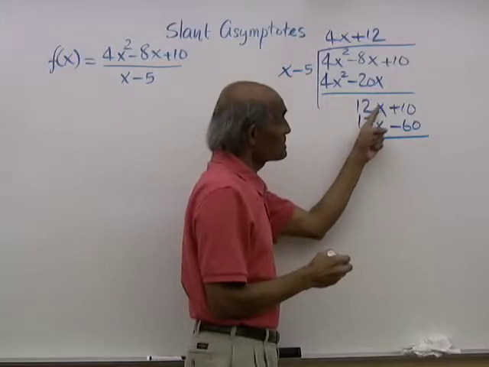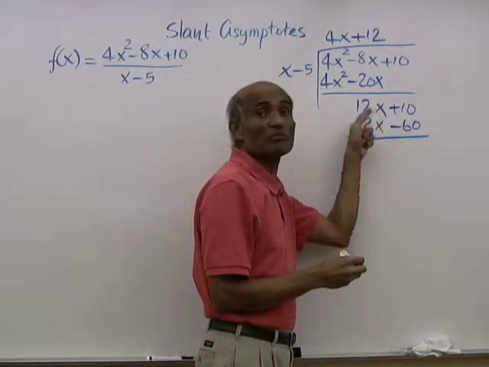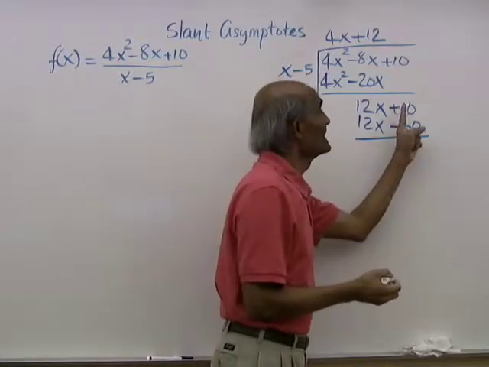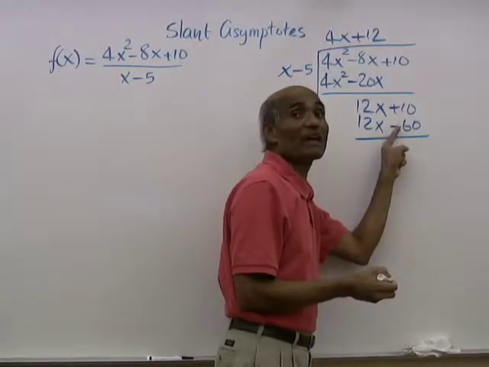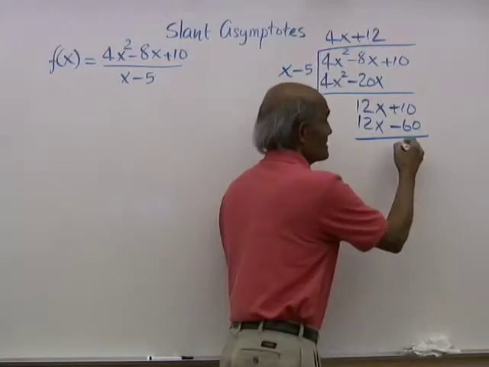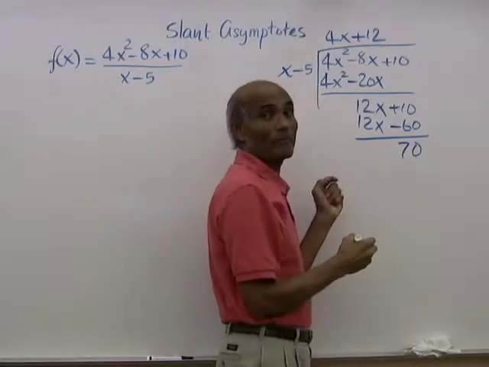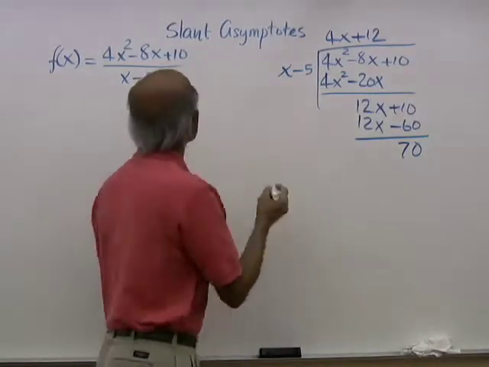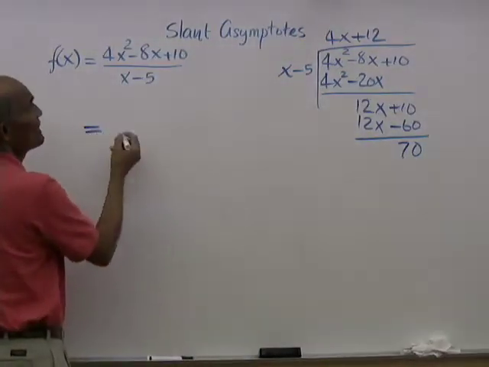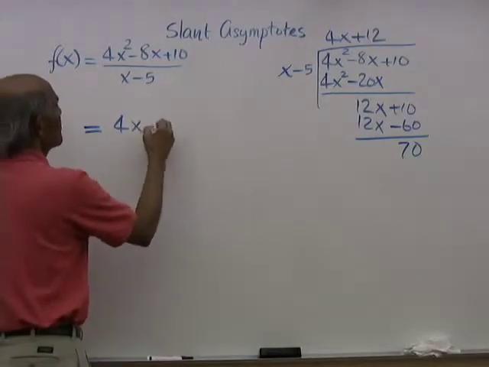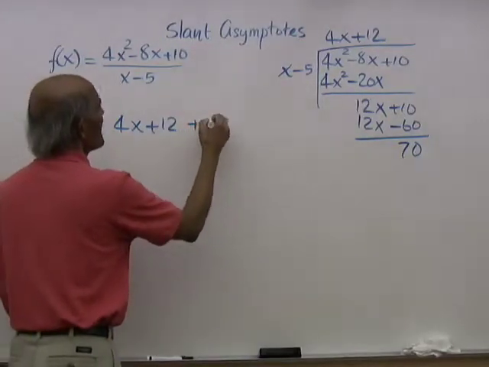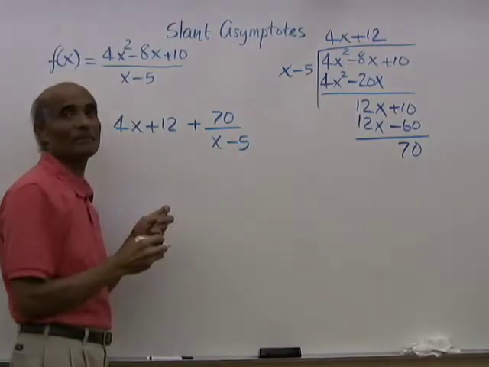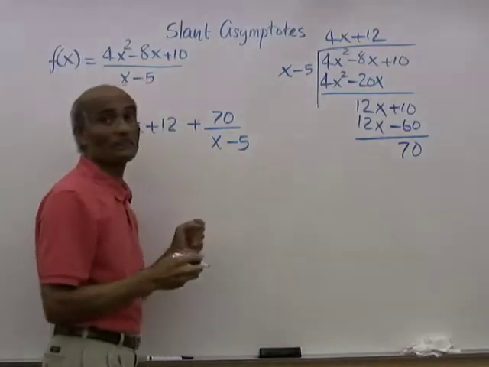Now, subtract the terms below from the terms above. 12x minus 12x is 0. 10 minus negative 60 is 70. Therefore, the answer is 4x plus 12 plus 70 over x minus 5. That is the remainder.